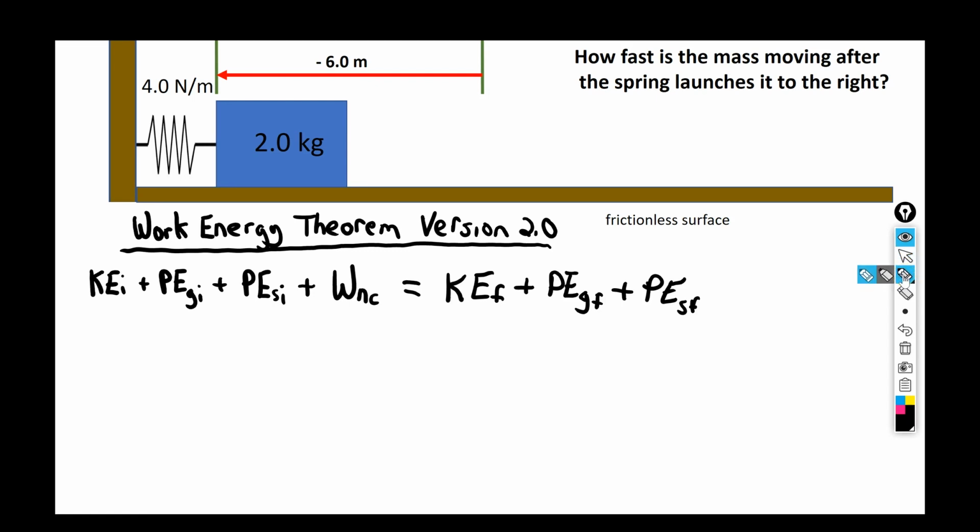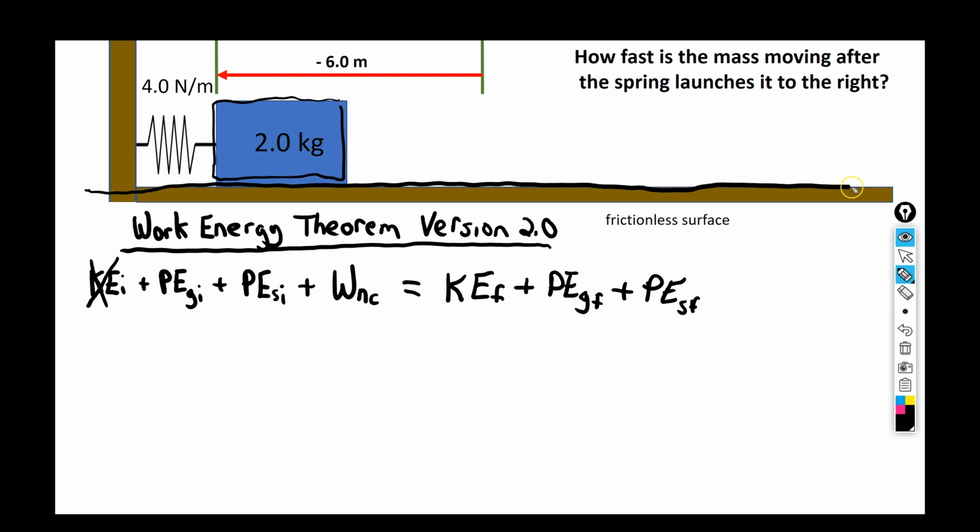Now, at the start, when the object is right here, it's at rest, so it doesn't have any kinetic energy. And if we think of the floor as our zero altitude, zero height reference level, the object doesn't have any gravitational potential energy either.